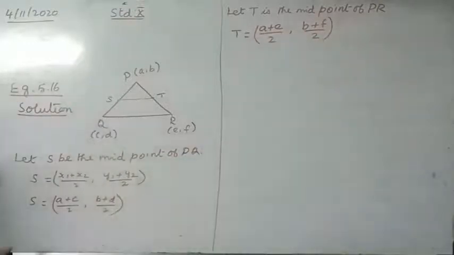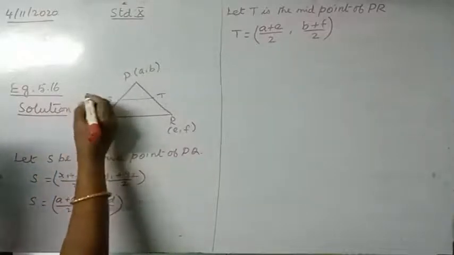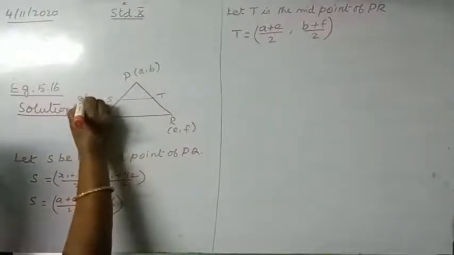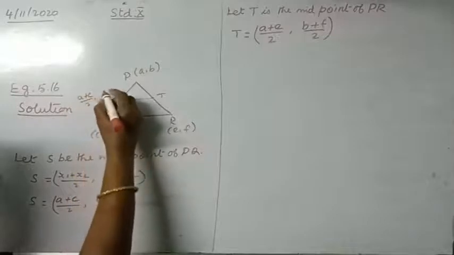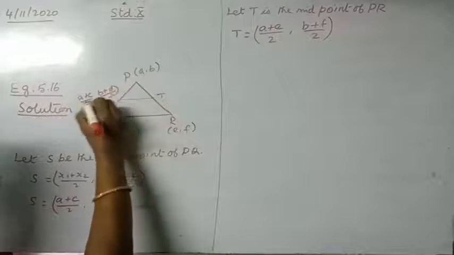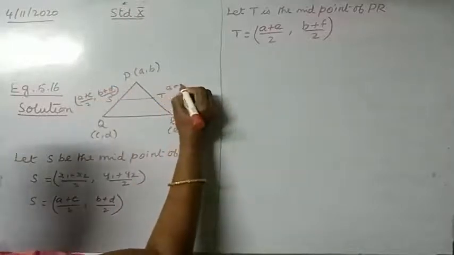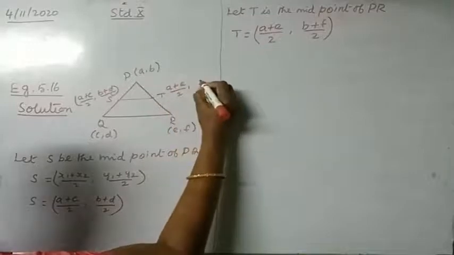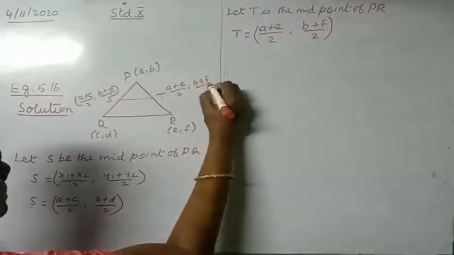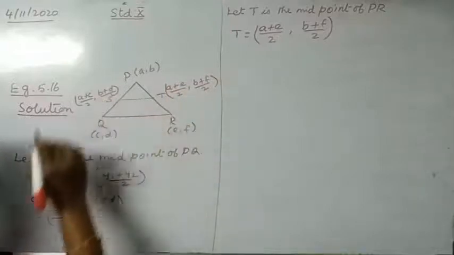So let me take the points and write here. S is A plus C by 2 comma B plus D by 2, and the point T is A plus E by 2 comma B plus F divided by 2.